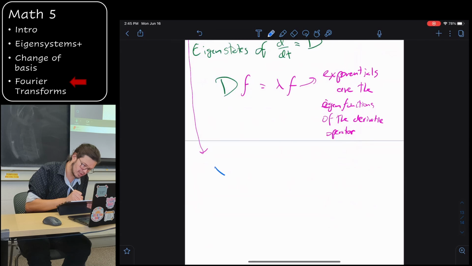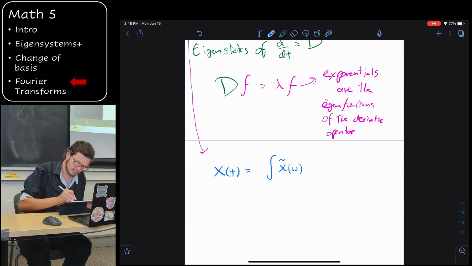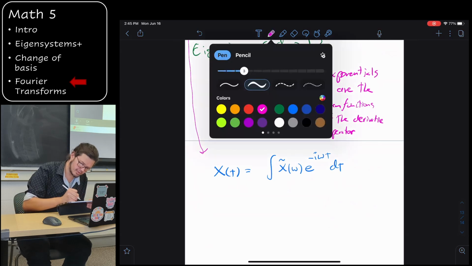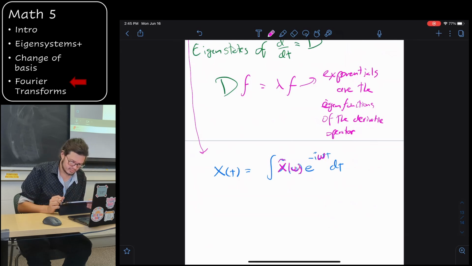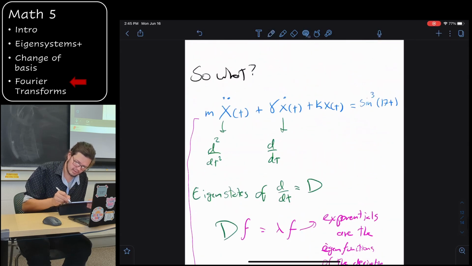So that means, and I'm going to say x as a function of time, I can write this as the integral of x hat as a function of omega times e to the minus i omega t d omega. Let's color this friend like this, so we can track it. So if I write that, then I have my original equation is this.